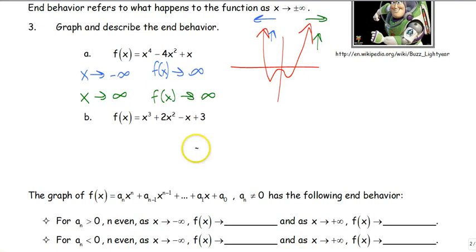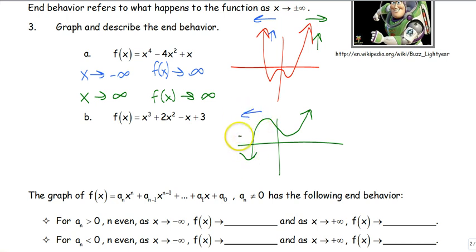Okay, why don't you guys plug this in to your calculator and look at the graph. I'm going to just sketch what it kind of looks like. It looks something like this. Okay, so again, I look at -infinity. So as x goes this way, this graph is going down.